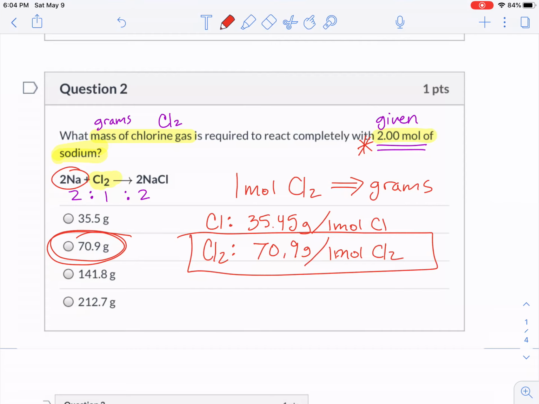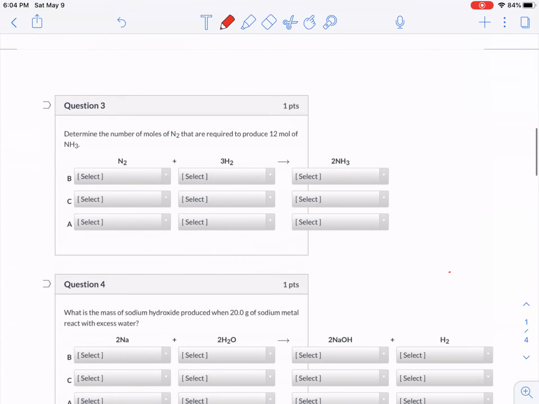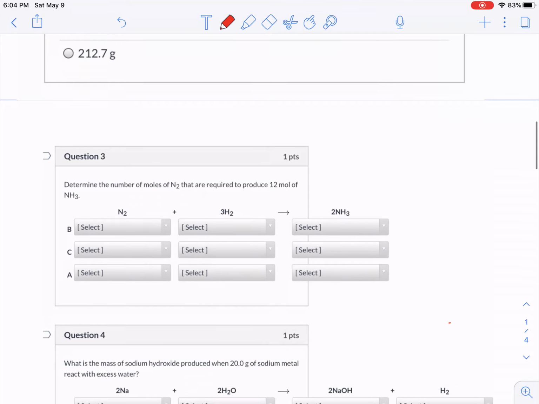The BCA tables, I've mentioned them before, will help you completely understand what's happening in every step of the reaction and help you figure out how much you can theoretically produce. So let's take a look at what we have. We need to determine the moles of nitrogen required to produce 12 moles of NH3. So this is our given amount. Let's go ahead and put that in.